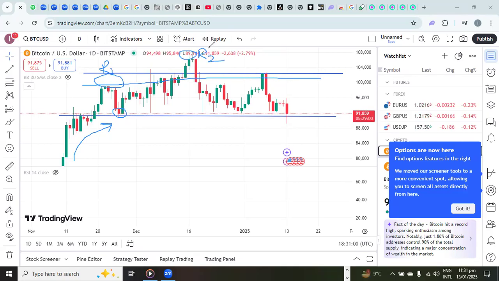Like it broke the resistance and went up to R2. Then it came back again to the same support, S2. And now it's back up again, almost at the same level as R1. So that's a typical head and shoulders pattern. And is head and shoulders a reversal pattern or a continuation pattern? It's a reversal pattern, exactly.